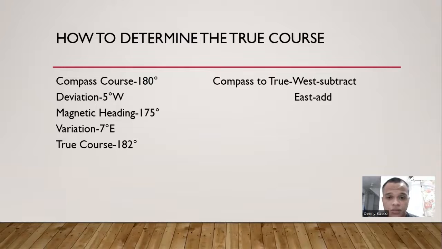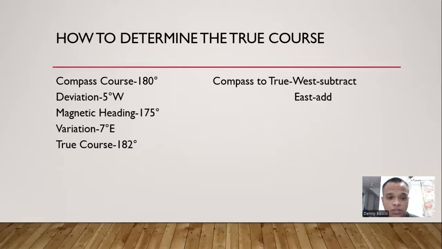Next is how to determine the true course. We have a thumb rule for compass course to true course: if it is west, we have to subtract, and if east, we have to add. Compass course is 180 degrees in our example, and deviation is 5 degrees west.